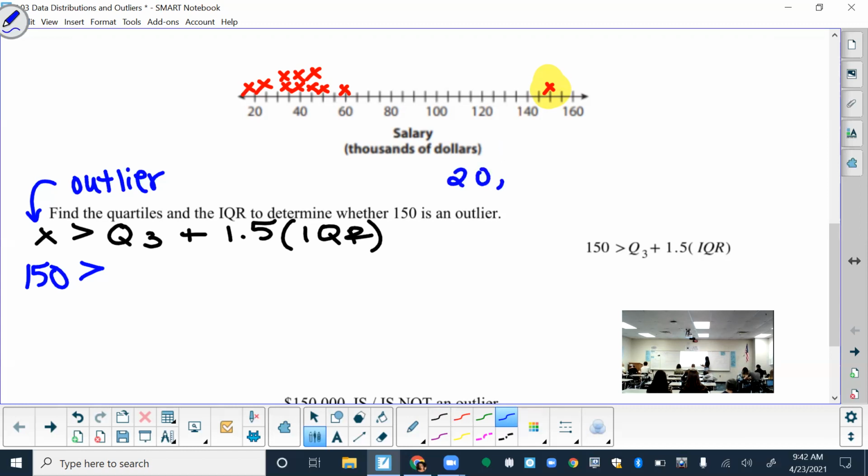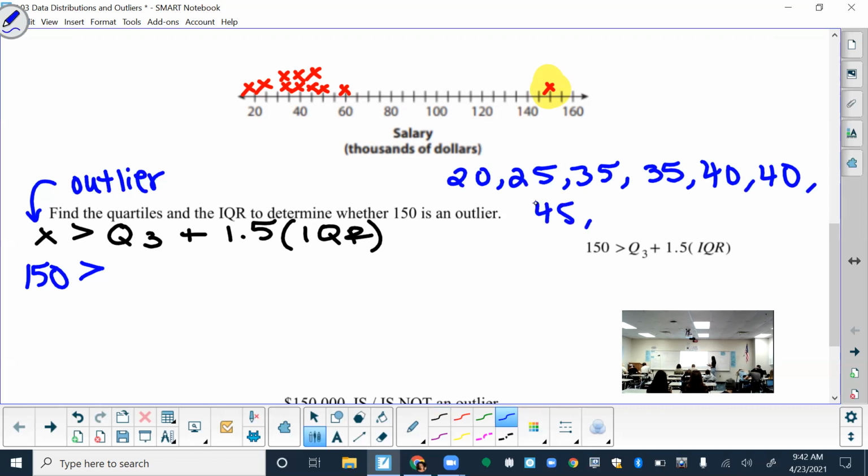So we have 20, 25, 35 twice, 40 twice, 45 twice, 50, 60, and 150. All right, I have 11 data points, which we started with 11, so that's good.